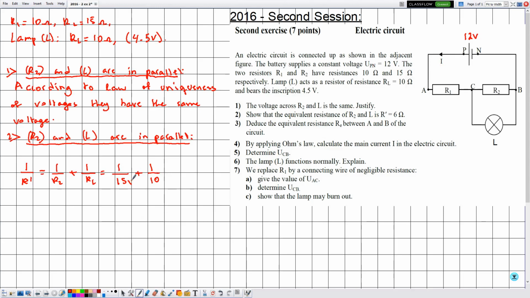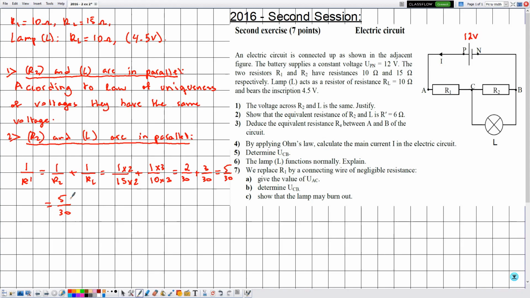If you multiply by 3 and here if you multiply by 2, this will give us 2 divided by 30 plus 3 divided by 30, which is equal to 5 over 30.